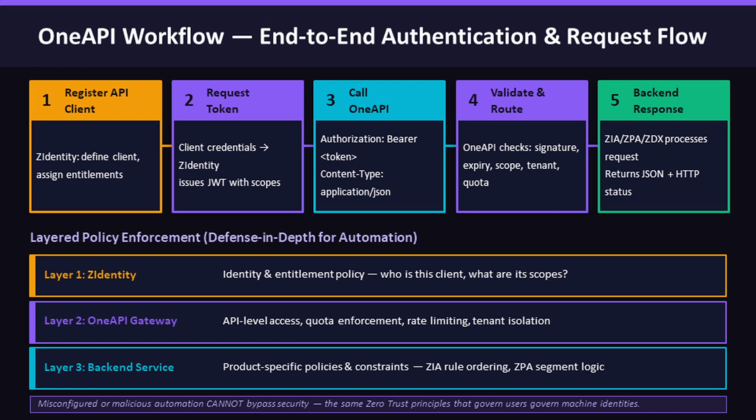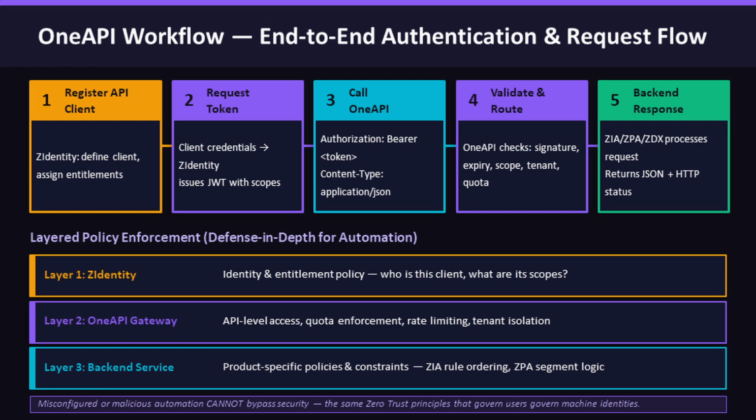Step 2. Request a token. Your automation code uses the client ID and secret to authenticate with zIdentity's token endpoint. zIdentity validates the credentials and issues a JWT, a JSON web token, that encodes the client's identity and its permitted scopes. This token has a defined lifetime, typically short-lived by design.